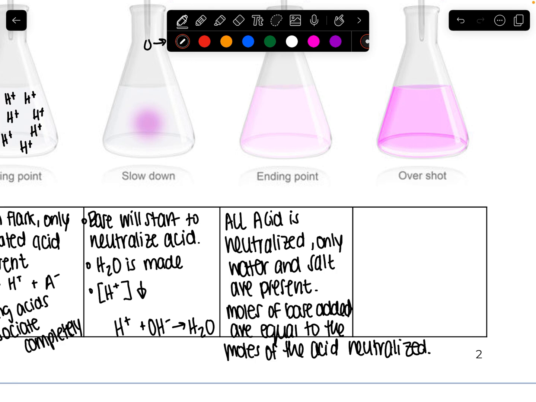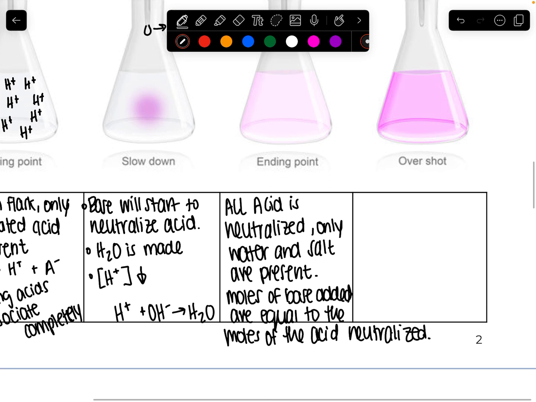There's known information about the concentration of your base. What we don't know is the concentration of our acid, but the only way for us to determine concentration is knowing moles and knowing volume to calculate molarity. So volume is not a comparable quantity, but moles are. So at the end point of your titration, the moles of the base that you've added to your flask are equal to the moles of the acid that you've neutralized in your flask. And at this point, you should just have water.